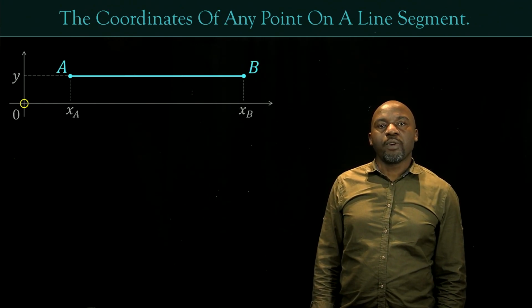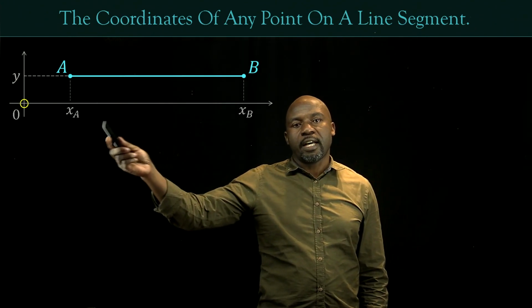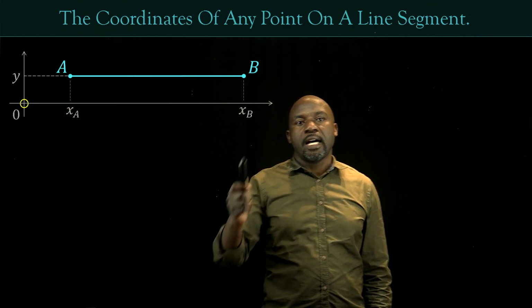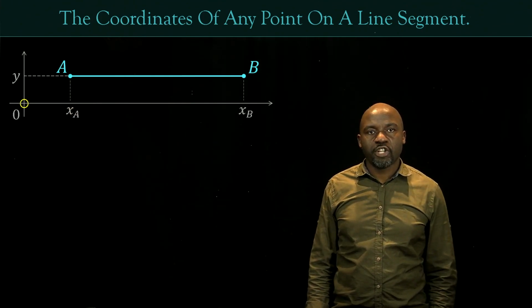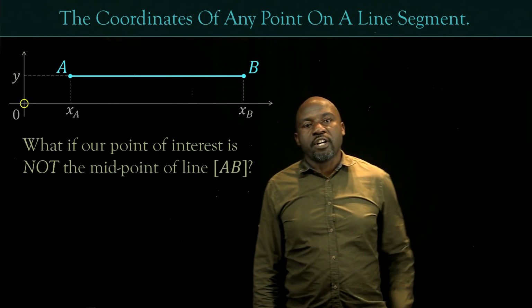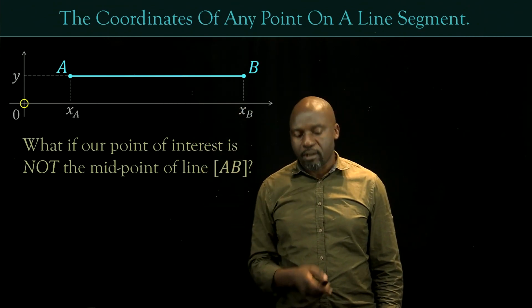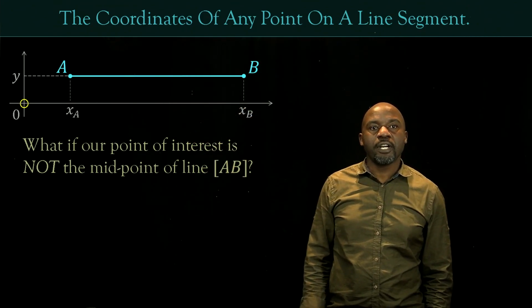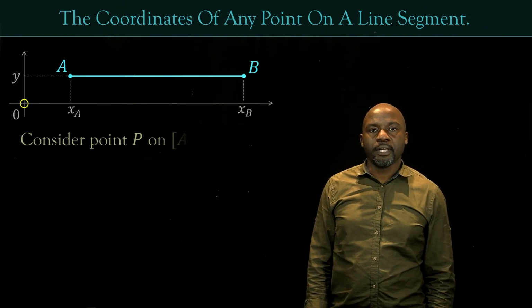So we have a line segment AB. The coordinates of point A are (xA, y) and of point B are (xB, y). So the y values are the same. It's the x values that are changing. Now what if the point of interest is not the midpoint? We now know how to find the midpoint of the line segment, but what if the point we are interested in, some point P, is not the midpoint?